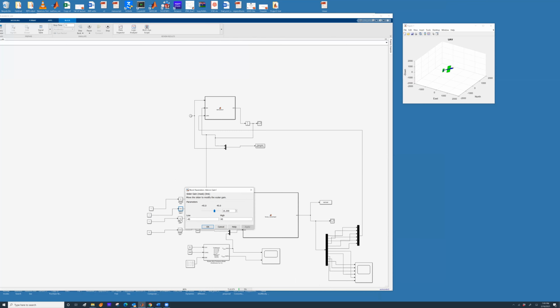But please note, there is a rudder gain too. If you change the rudder gain, you will see that the aileron and rudder together actually create a coordinated turn.